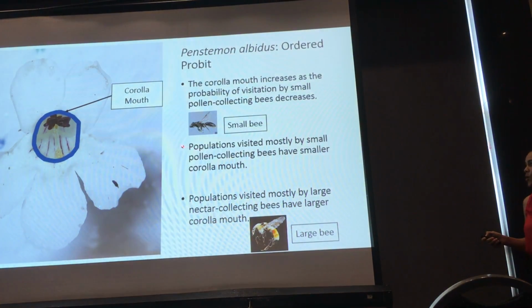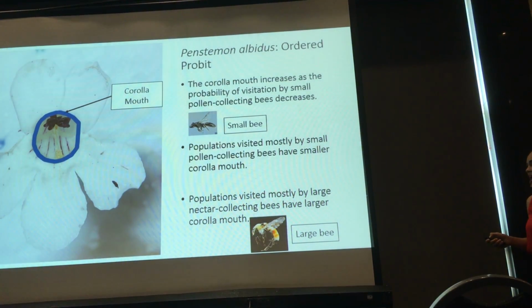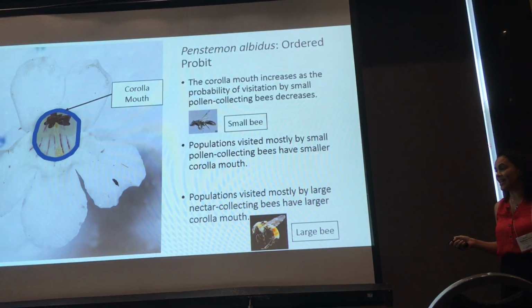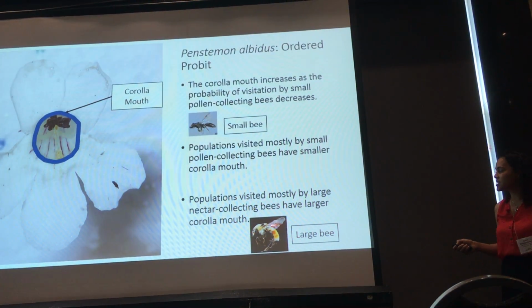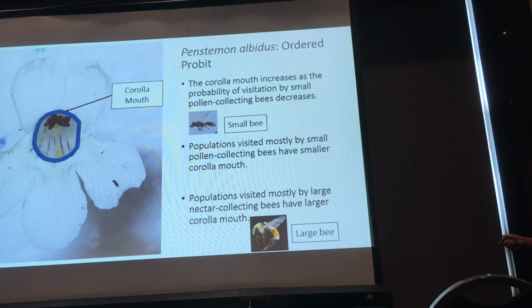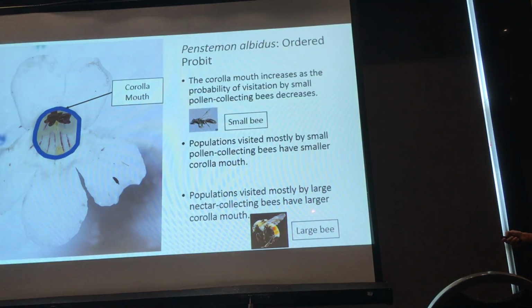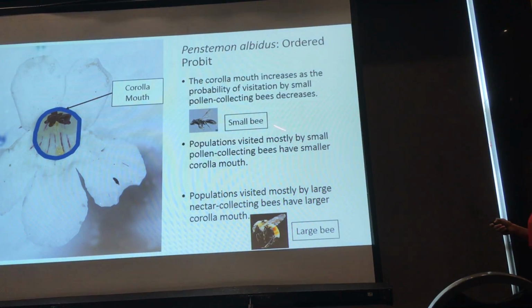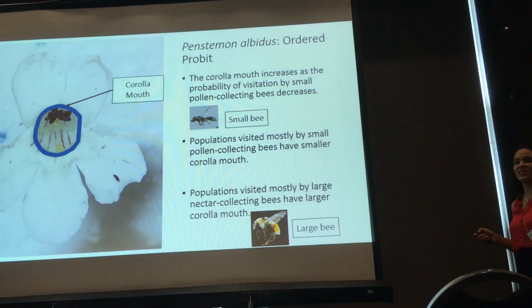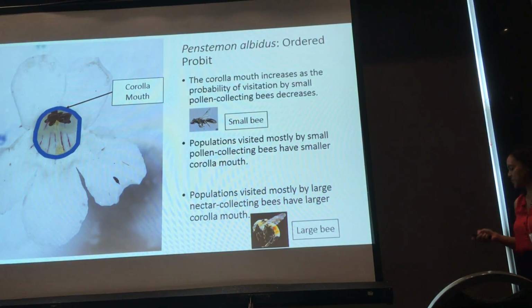And as the corolla mouth increases, the probability of being mostly visited and pollinated by large nectar-collecting bees increases. These results indicate that not only true pollinators, but also insects that only steal flower resources but do not pollinate have a significant effect on flower morphology.